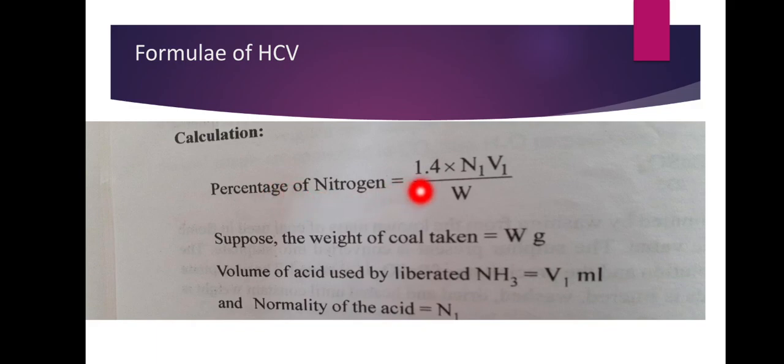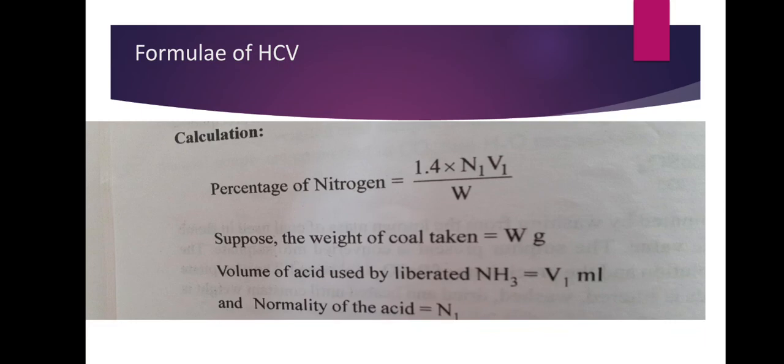Now this is the formula that is there. Percentage of nitrogen is 1.4 into N into V upon W, where 1.4 is a constant, N is the normality of the sulfuric acid, and V is the difference in volume when titrated with NaOH. For example, if you take 25 ml of sulfuric acid, some of it is neutralized by ammonia, and when you react the remainder with N by 10 NaOH, the value that comes out is 15.